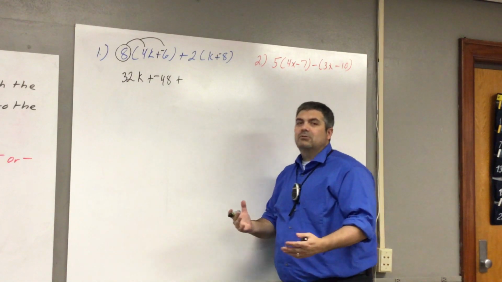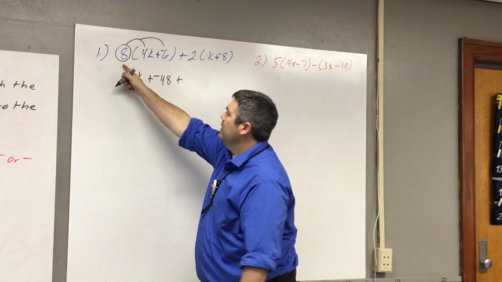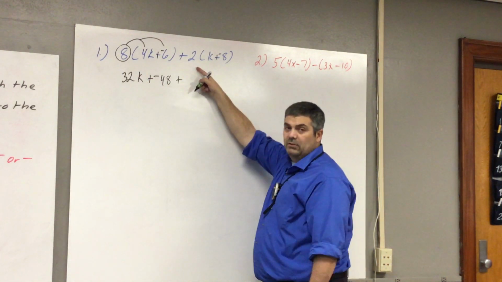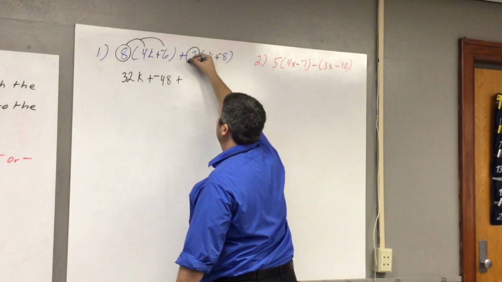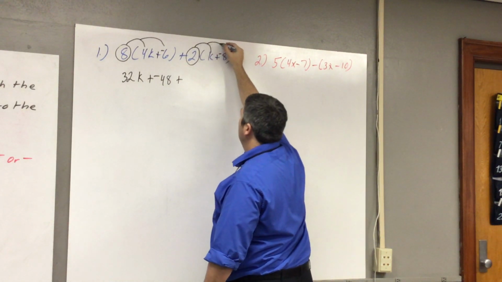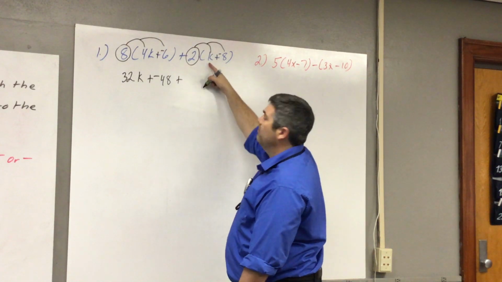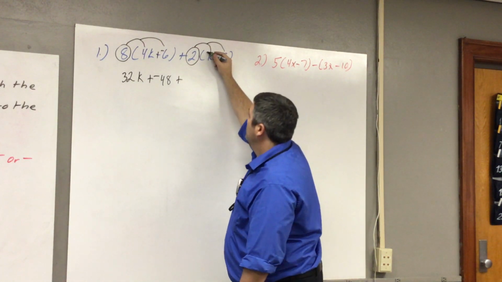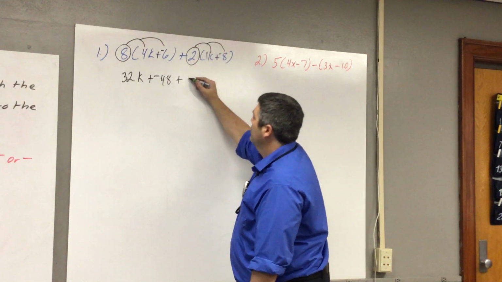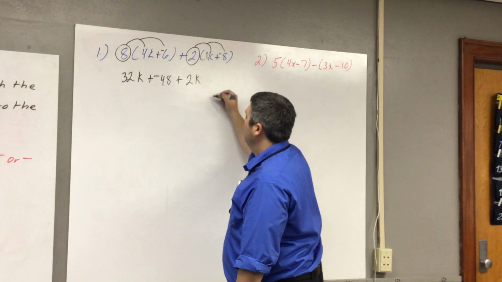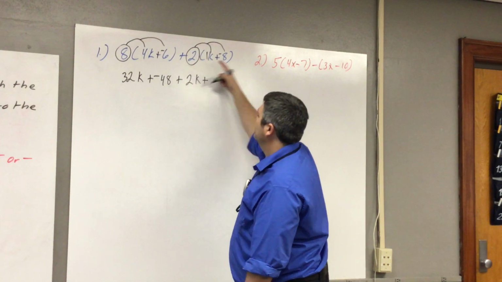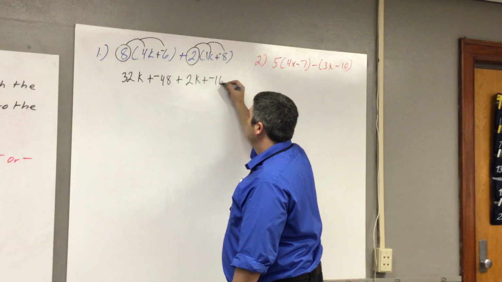Plus, and the same thing here. So all we're doing is distributing twice. We got this 8 that we have to distribute, and we got this 2 we have to distribute. So take this 2, multiply times k, multiply times negative 8. Remember, in front of that k is a 1. So 2 times 1k plus positive times a negative, negative 16.